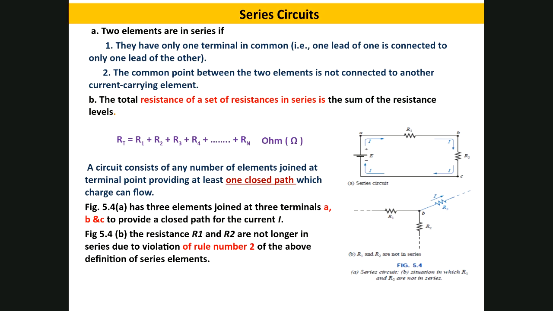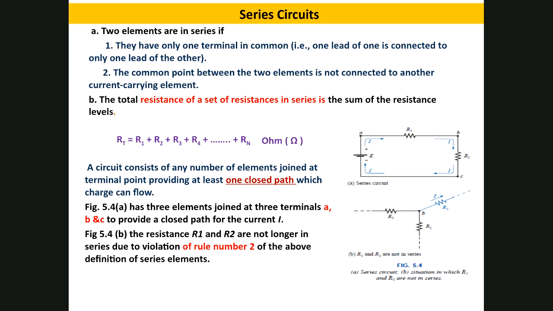Series circuits. For a series circuit you will deal with the same principle of how to decide whether the circuit is series or not. As we mentioned previously, the resistors should be joined to each other by one point.